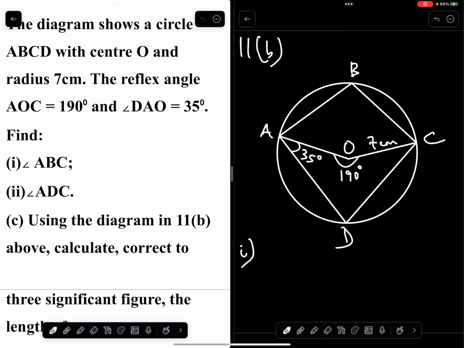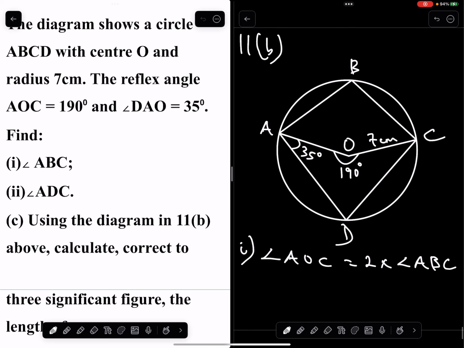Okay, angle ABC. Oh, that's simple. Reflex angle AOC is 2 times angle ABC, and the reason for that is angle at center is twice angle at circumference.